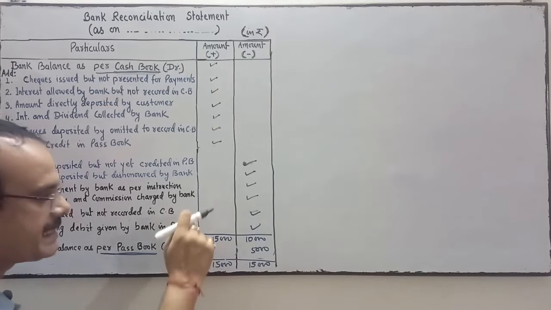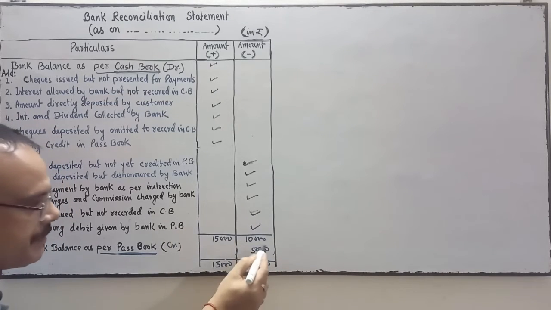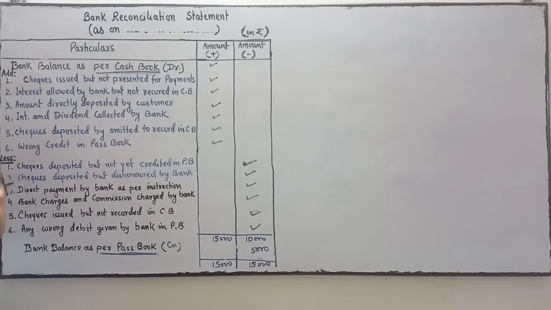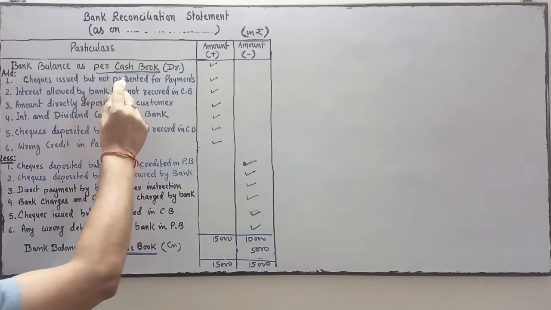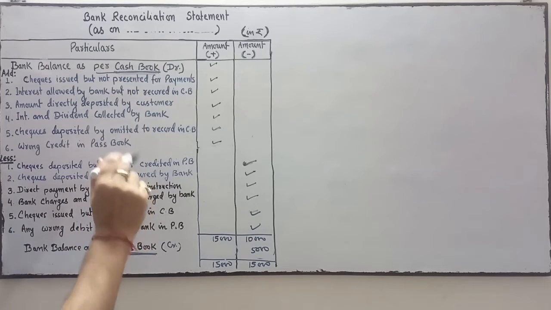Debit means plus exceeds the minus, so this difference is a favorable difference. Favorable plus. So passbook plus means credit balance. It's favorable.